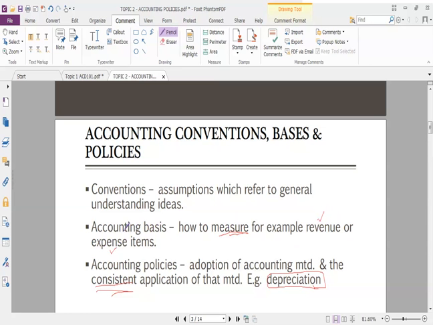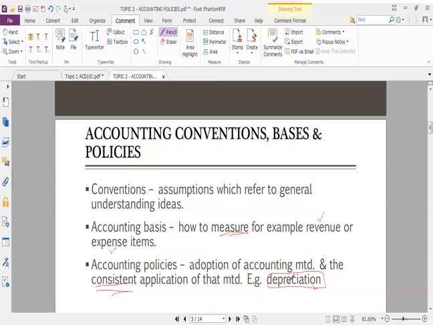Most countries use the same accounting basis. What about accounting policy? It is the adoption of an accounting method and the consistent application of the method. For example, depreciation is a calculation we need to do for non-current assets.